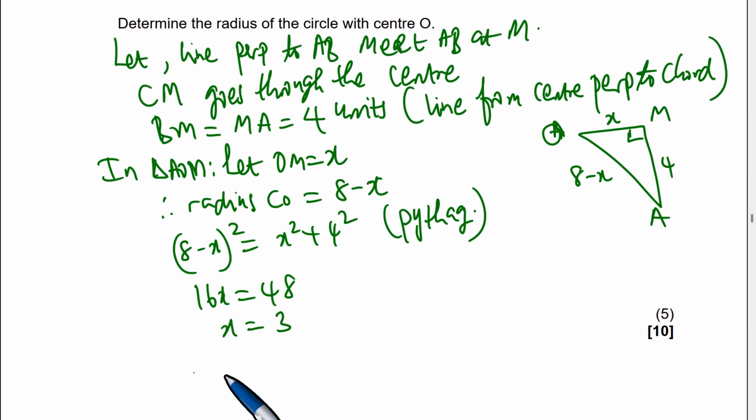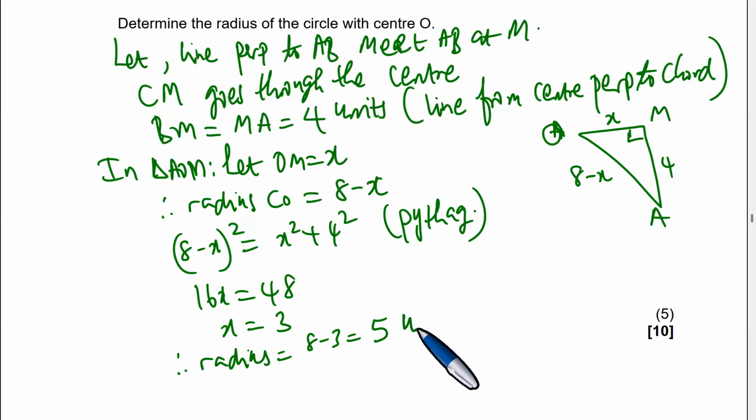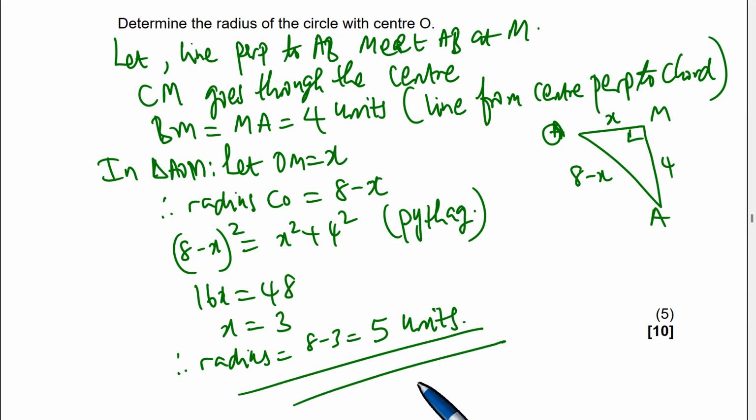The radius is 8 minus 3, which is 5 units. So the radius is actually 5 units.